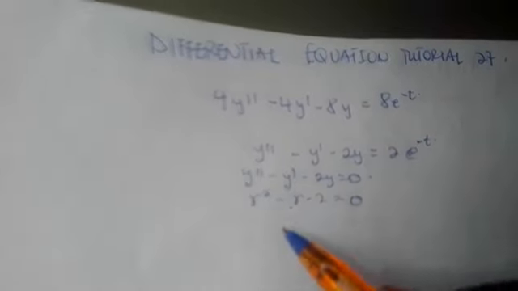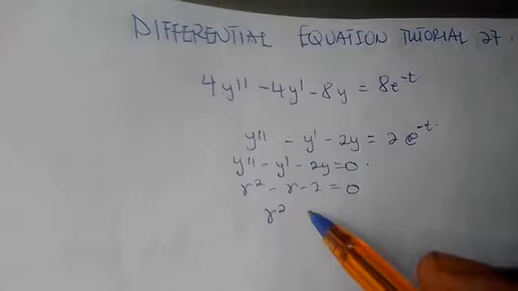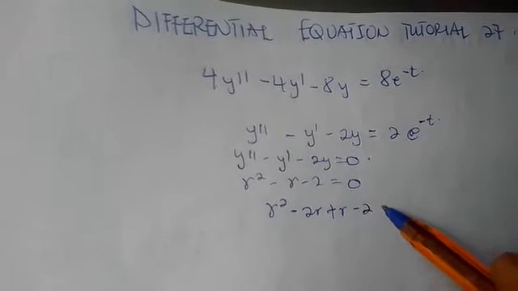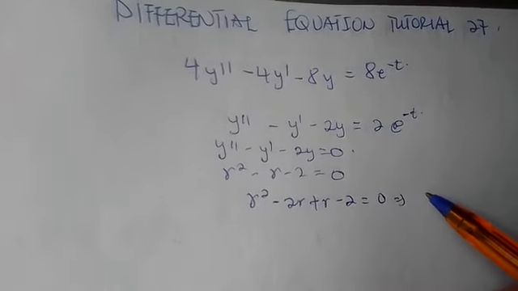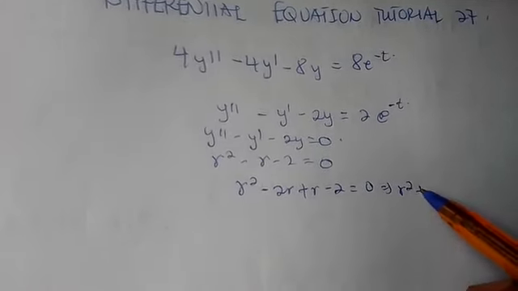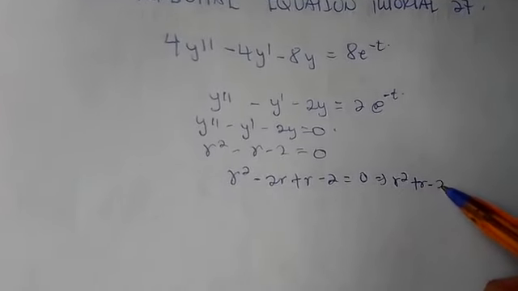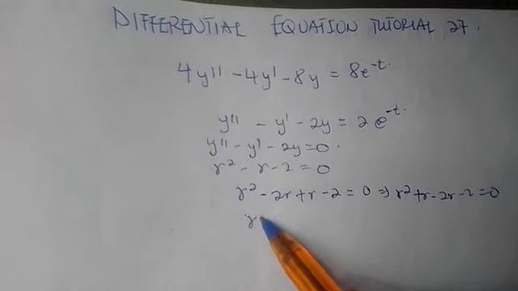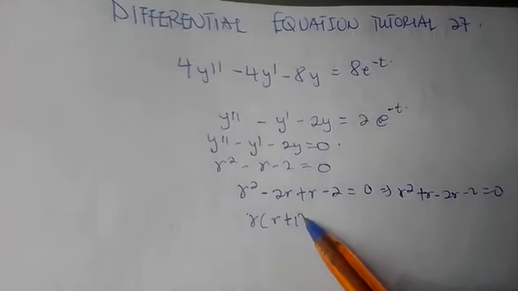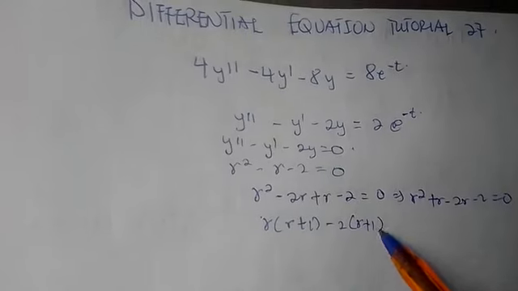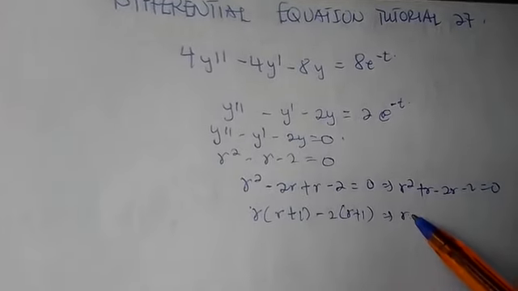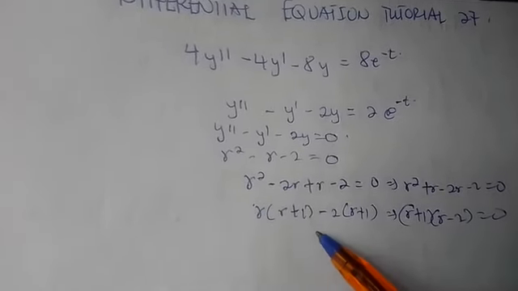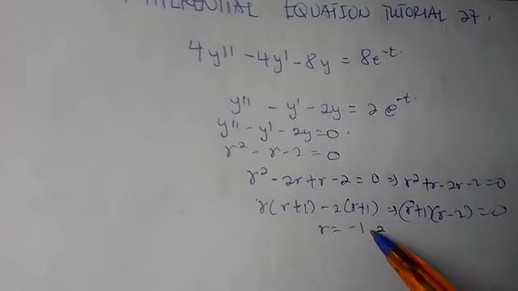So that is r^2 - 2r + r - 2 = 0, which is the same as r(r + 1) - 2(r + 1) = 0, giving (r + 1)(r - 2) = 0. Therefore r = -1 and 2.